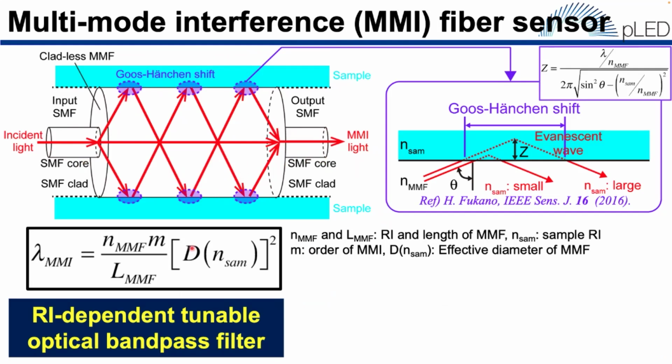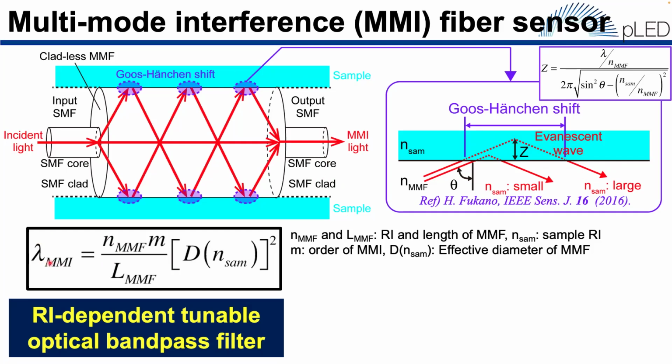So only the light satisfying this equation, where lambda_MMI is the wavelength, can pass through this fiber sensor. Furthermore, the Goos-Hänchen shift at the boundary between the fiber surface and a liquid sample, namely the sensing surface, depends on the refractive index of the sample.